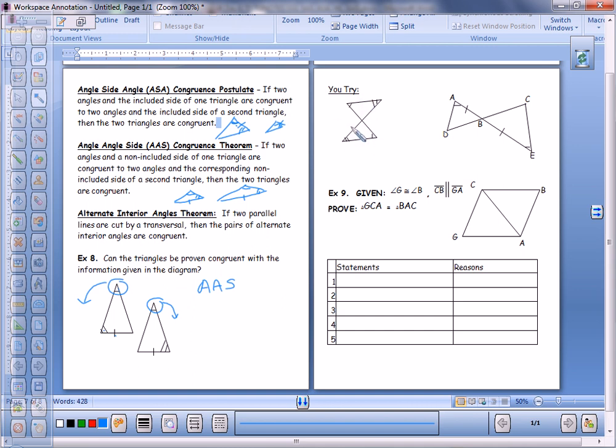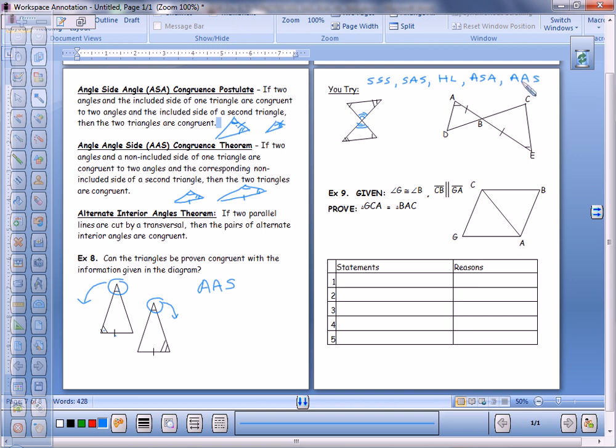Let's look at these. Are these two congruent? We've got an angle and an angle, and an angle and an angle. We also have a third angle, actually, because of vertical angles. Now let's think about all the ones we've studied: side, side, side, side, angle, side, hypotenuse, leg, angle, side, angle, and angle, angle, side.